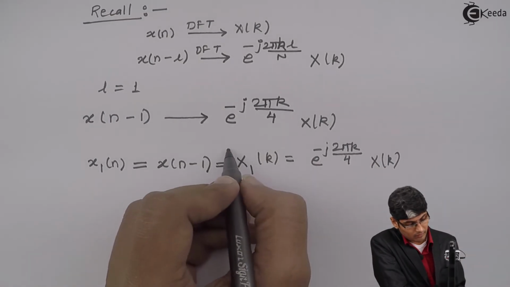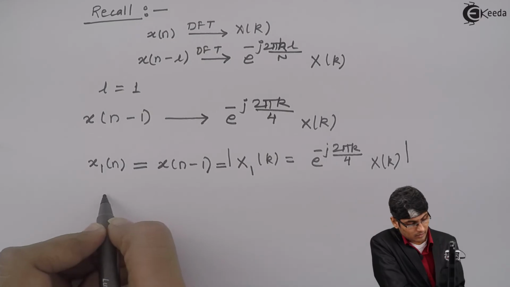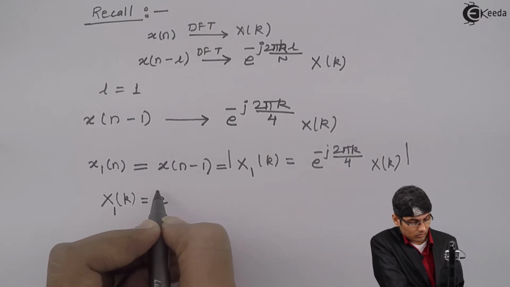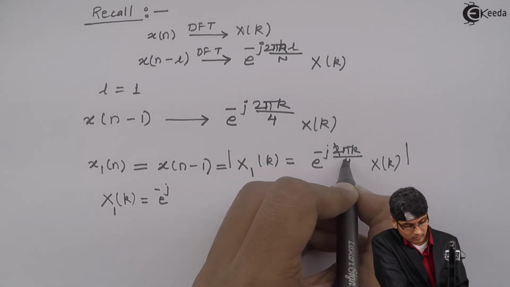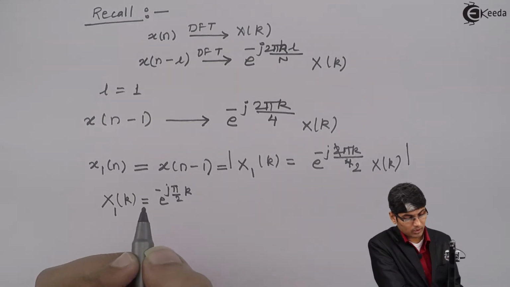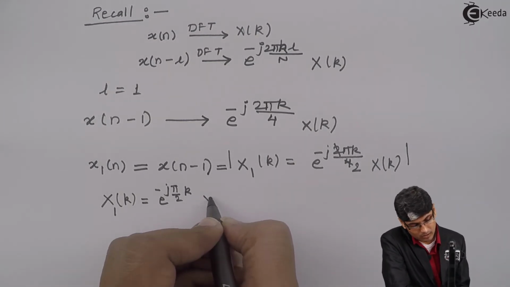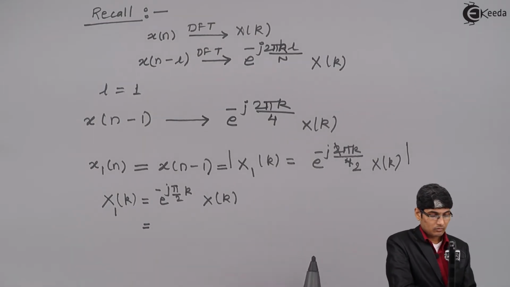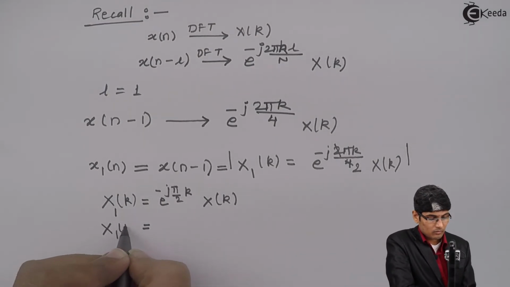Okay. So, now I will take only this much part and write x1 of k is equal to e raised to minus j. If I cancel this, then I am going to get pi by 2 times k, x of k, right. Now, what will be x1 of 0?